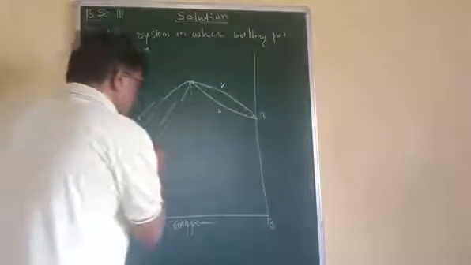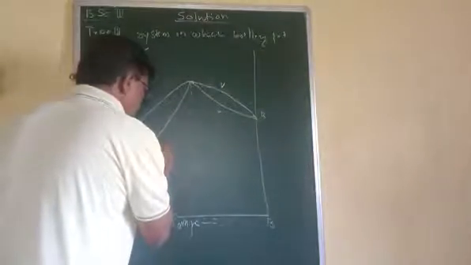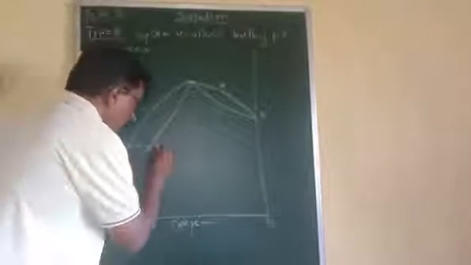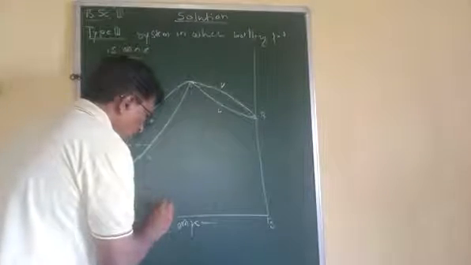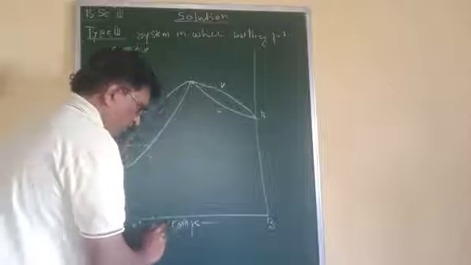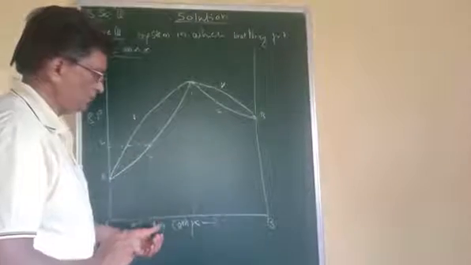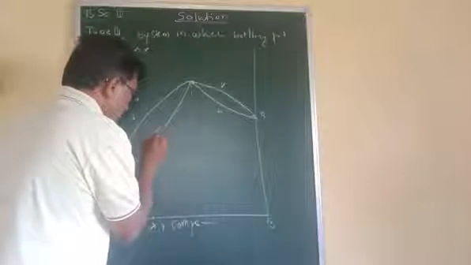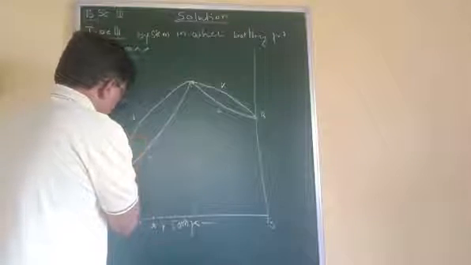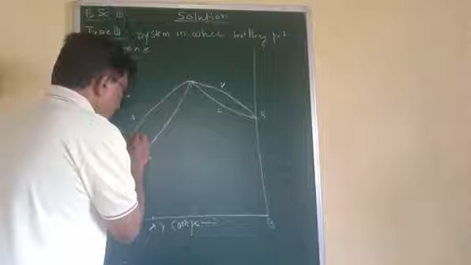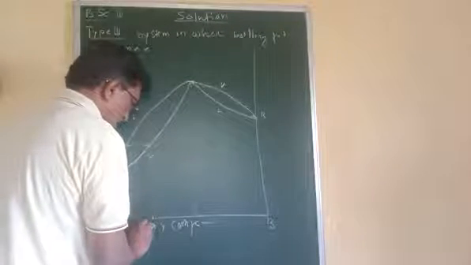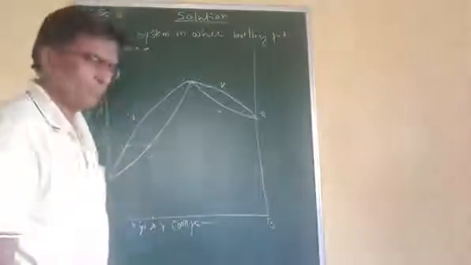Therefore the composition of the residual solution shifts towards the right-hand side, and the new composition, suppose Y, will start boiling at this particular temperature T2, and the vapor coming off will have this composition. If we condense these vapors, the condensate will have composition Y dash.